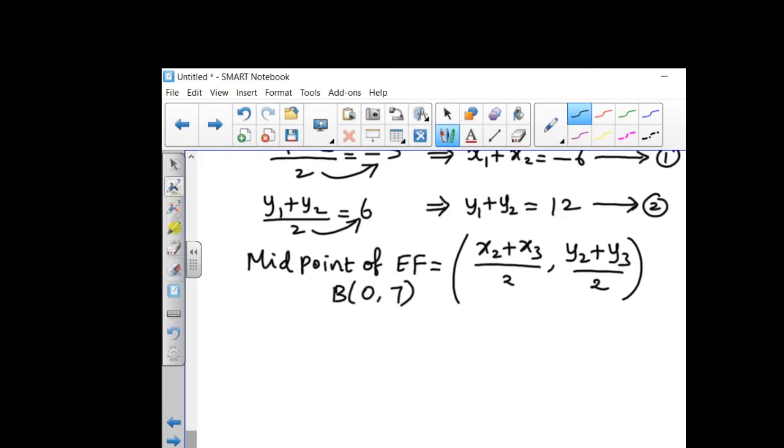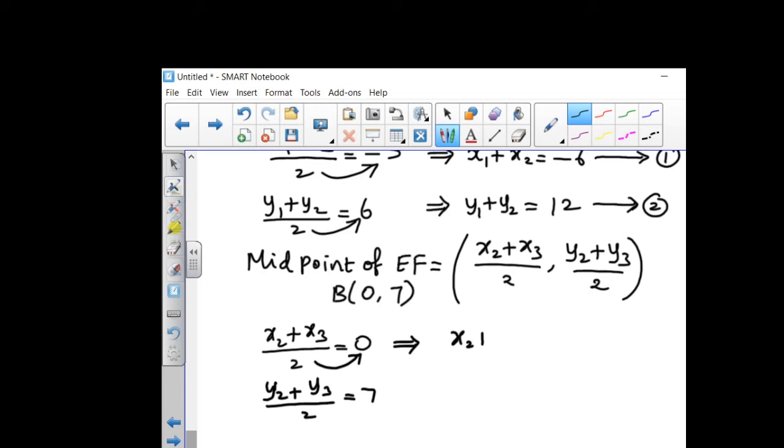Therefore (x2 plus x3) by 2 is equal to 0 and another one (y2 plus y3) by 2 is equal to 7. Okay, so take cross multiplication. So what do you get? x2 plus x3 is equal to 2 into 0, you will get 0. This is equation number 3. Then next one, y2 plus y3 is equal to 2 into 7, you will get 14. Okay, so this is equation number 4.